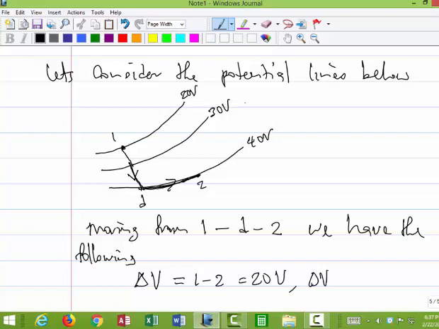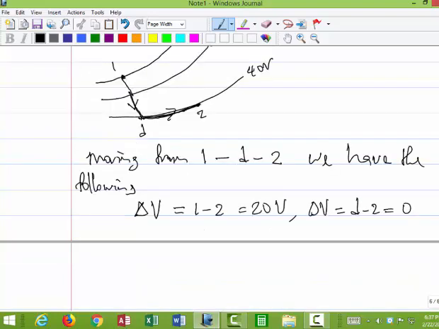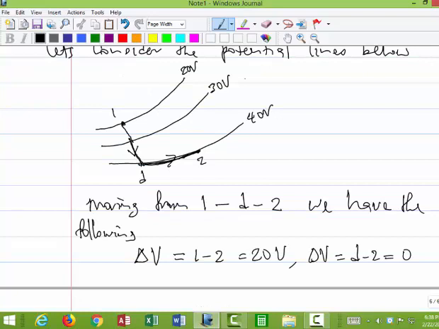Delta V from D to 2 is equal to 0. So delta V from 1 to D to 2 is equal to 20 volts. So when it moves from 1 to D to 2, we just have 20 volts. So we are saying that there's a potential change of 20 volts, and then we can go the other way.